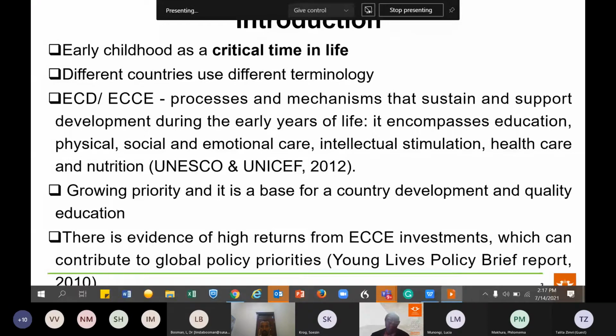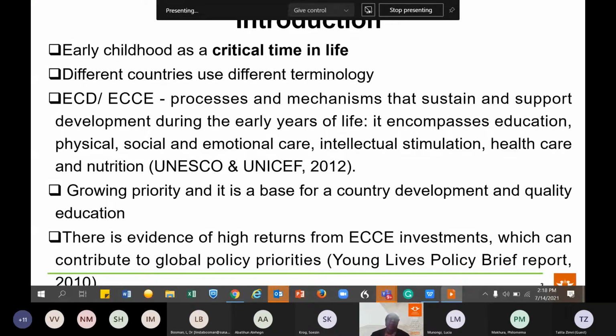And in Ethiopia, they use the term early childhood care and education. And I guess there are various countries that use different terms that all refer to children between 3 and 6 years that we are looking at in our early childhood care centers. We know that in South Africa, we use the term ECD.